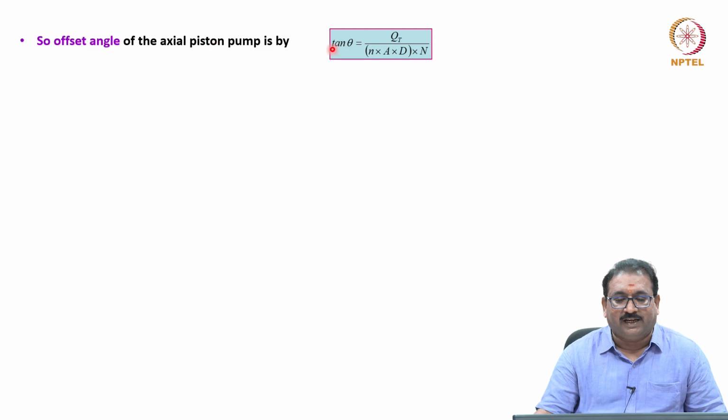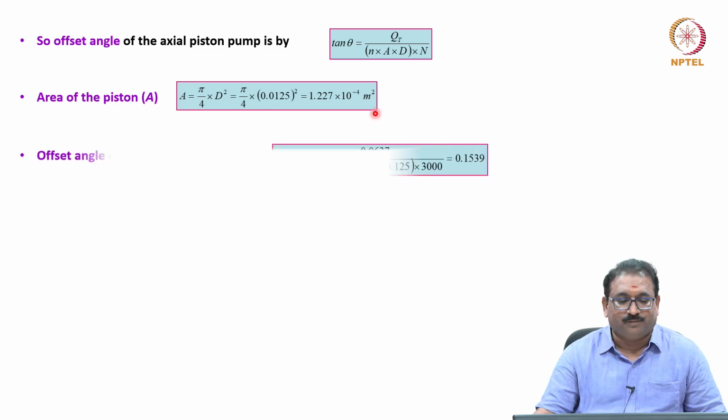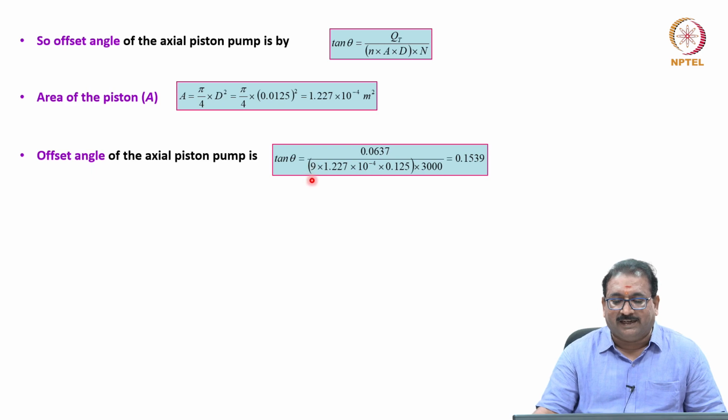So the offset angle tan theta is given by Qt by N A D into N. Substitute all the values. Here A is nothing but pi by 4 piston D square. I will get this much. Offset angle tan theta is given by, after substituting all, I will get 0.1539 or theta equal to 8.75 degrees.